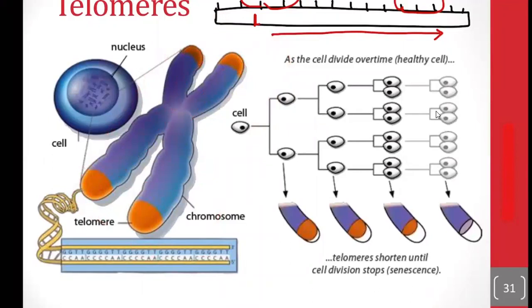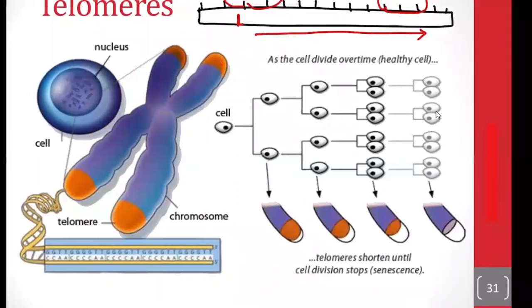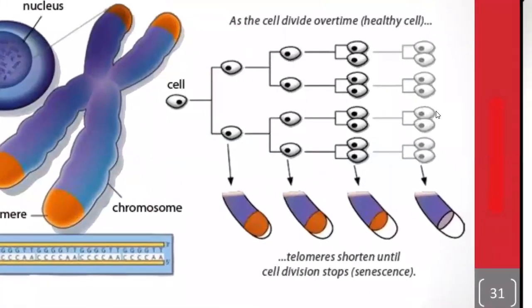As we grow, and millions of times these cell cycles happen in our body, with every cell cycle and especially every replication cycle, we get rid of some of the bases found here. So what does this diagram show you? As the cell divides over time, let's say this is the first cycle, second cycle, third cycle, fourth cycle. Do you see that the telomere length is shortening?